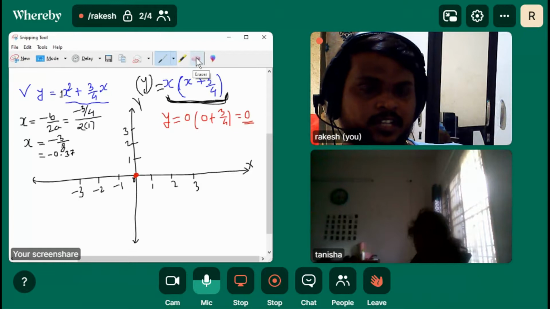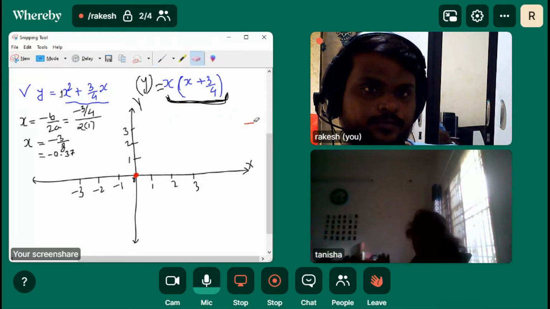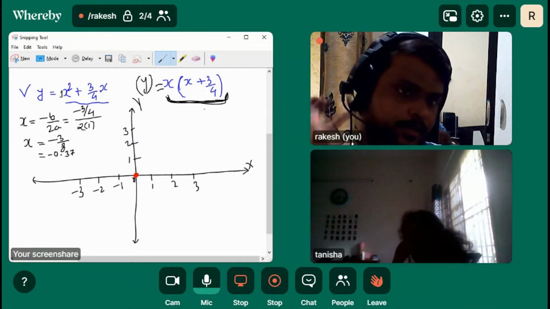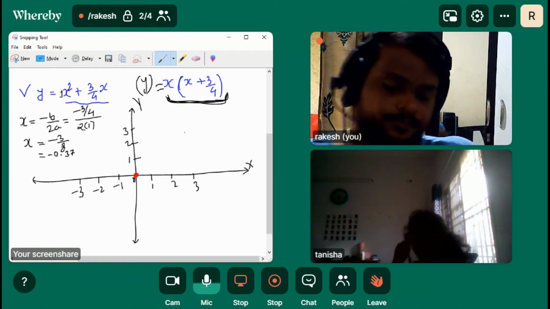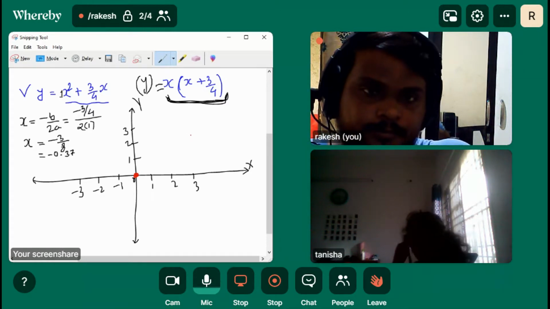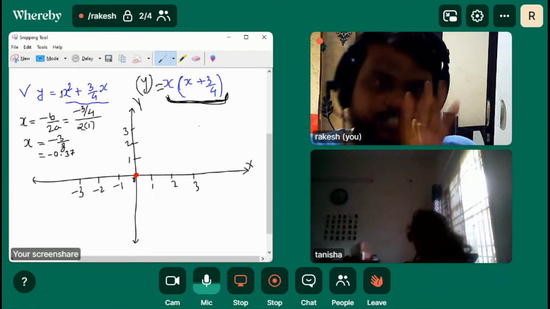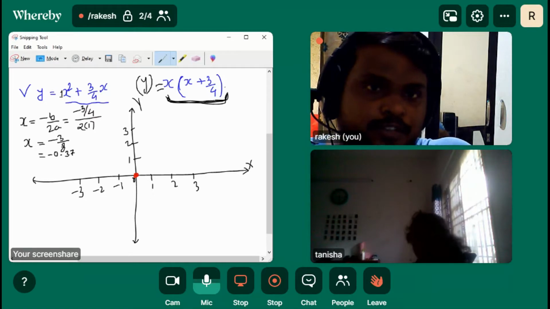What is the other value of x that leads to y is equal to 0? See, we want y is equal to 0, right?